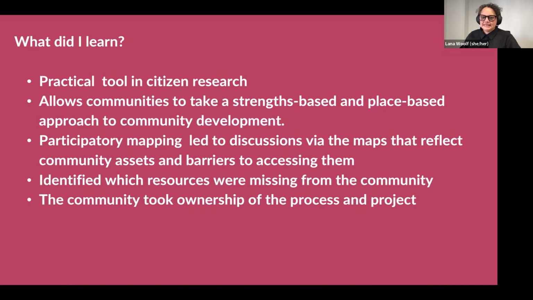Participatory mapping in this case led to discussions via the maps that reflect community assets and the barriers to accessing them. So thinking about it in a community asset lens, which means that it's less about a marginalized group or a minority group and more about how can others, like village leaders and so forth, come on board and think about it as a community asset, and identify which resources were missing from the community.